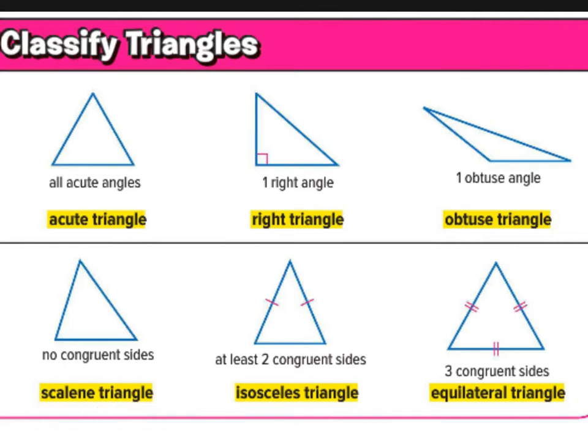Scalene triangle is no sides are equal, no sides are congruent. So all three angles are different. Isosceles triangle is at least two sides are congruent. So here we can see that this side will be congruent to this side, and this side is different. Isosceles, you can think of the word iso, to isolate, one isolated angle.